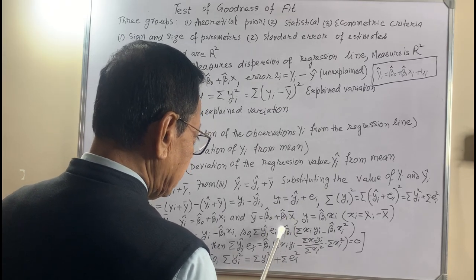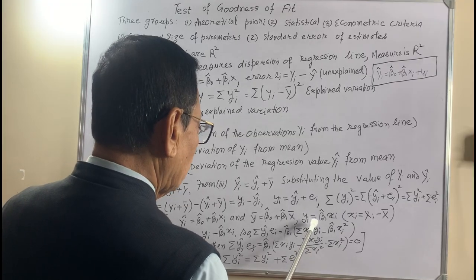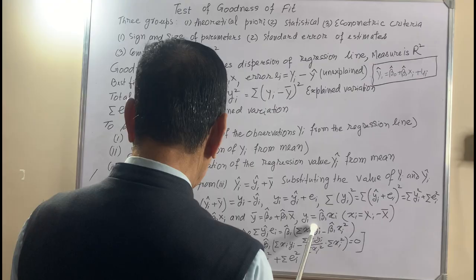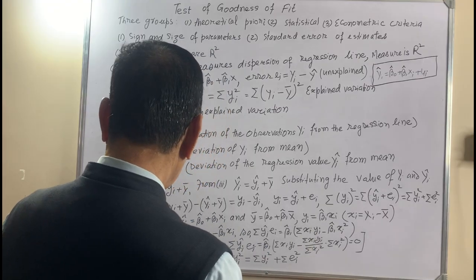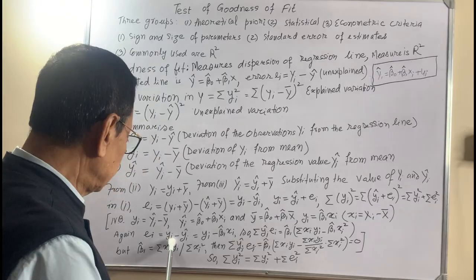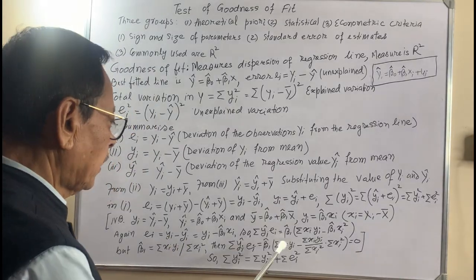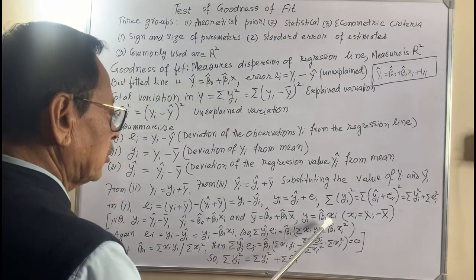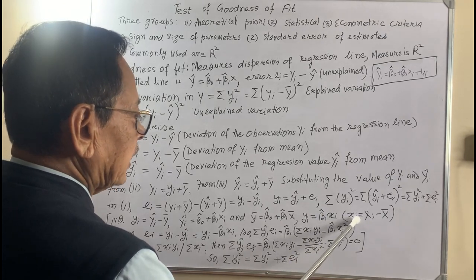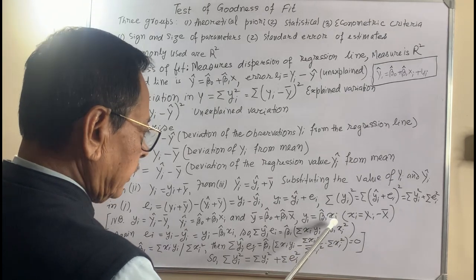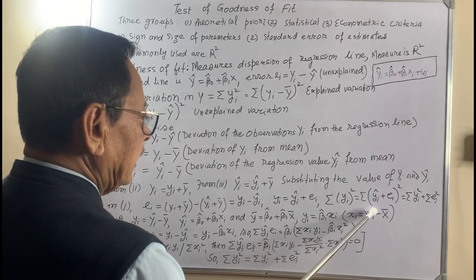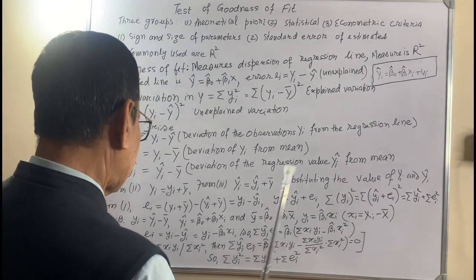So it is the average line. Now come to this y_i estimated. It is equal to beta 1 hat into x_i. So what is x_i? Capital X_i minus X bar.